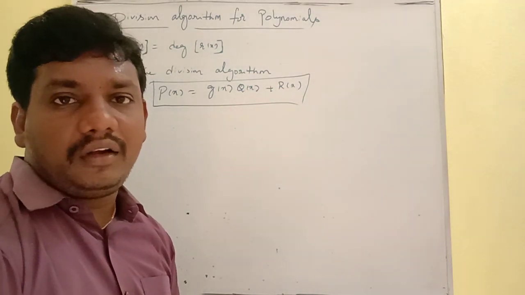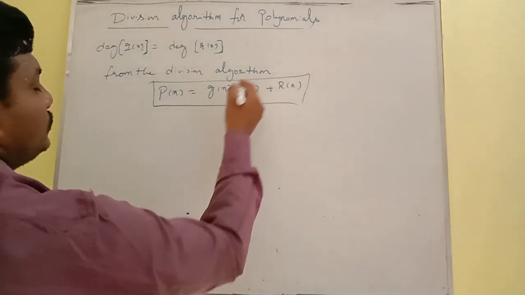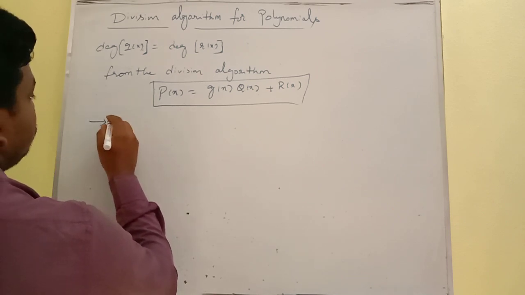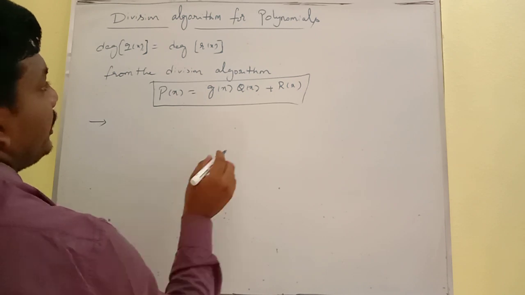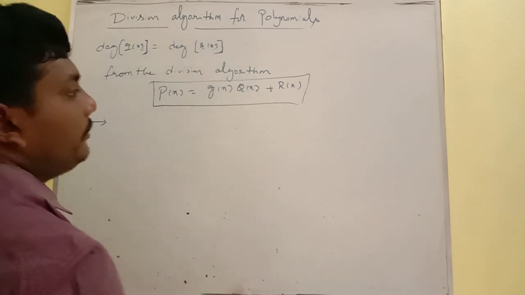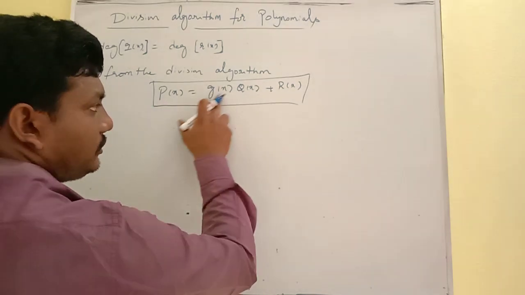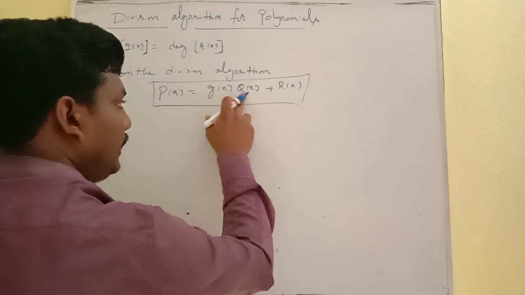By observation, there is no relation between them, because p of x degree depends on g of x and q of x. These three are interlinked.